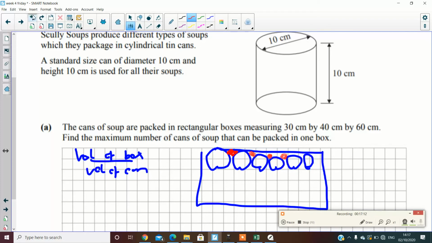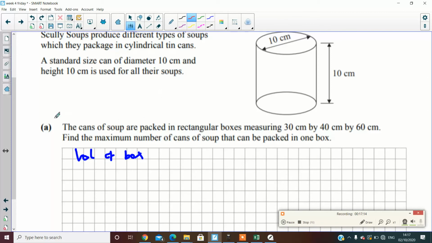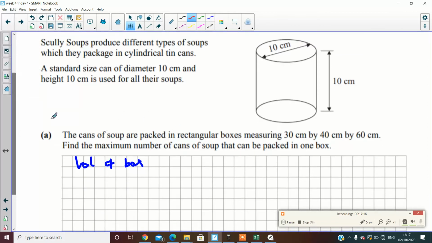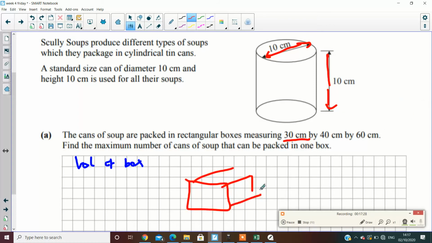Now here's the different way I propose you do it. Let's assume 30 centimeters is the height of the box. Not doing the fancy ones anymore. If 30 centimeters is the height, and each can is 10 centimeters, how many cans can you stack end on end? 3. That's 3 cans in height.